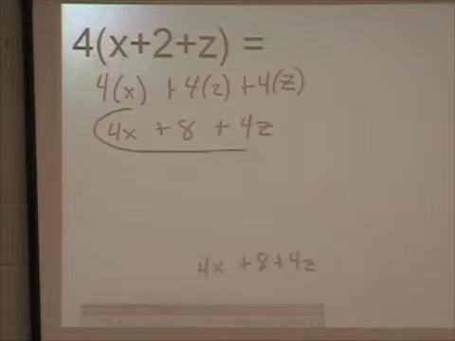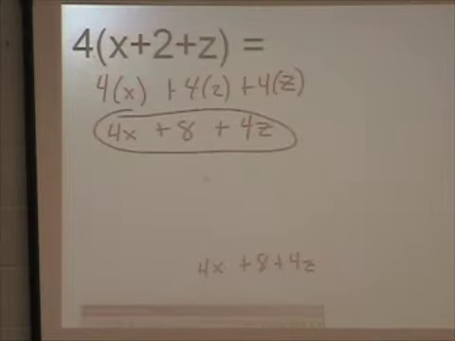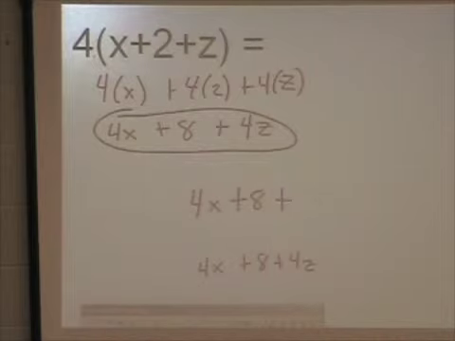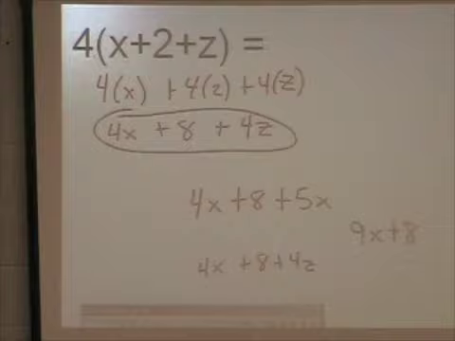This is your answer. Can I combine anything that's there? No. Now what if my answer was 4x plus 8 plus 5x? What could I combine? 4x and 5x, which is? 9x. So my answer would be 9x plus 8. But that's only if I have something I can combine.